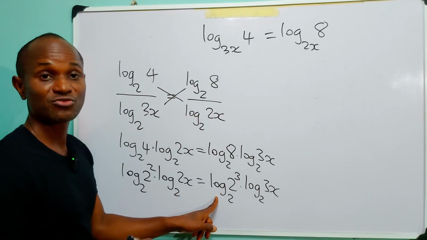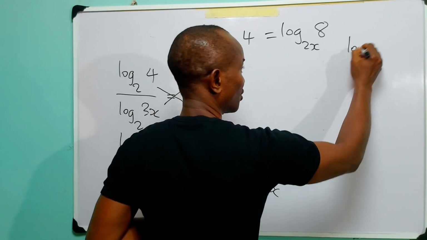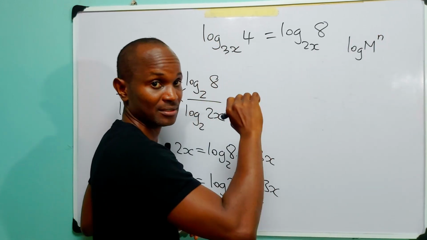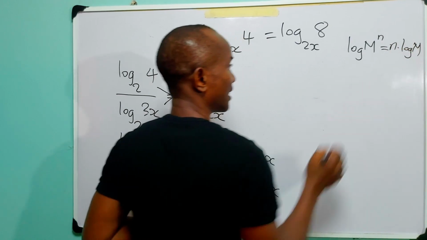Now looking at this, let us recall the power law of logarithms, which states that log m raised to power n is equal to n multiplied by log m.